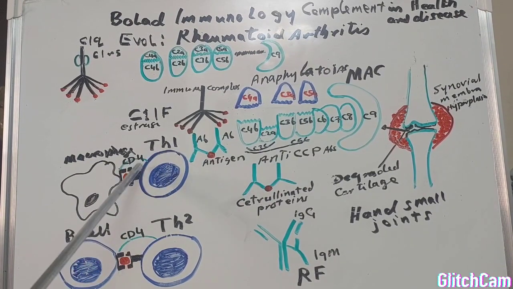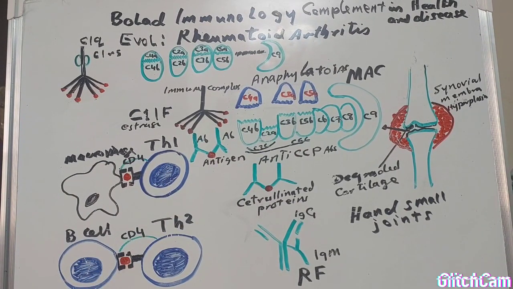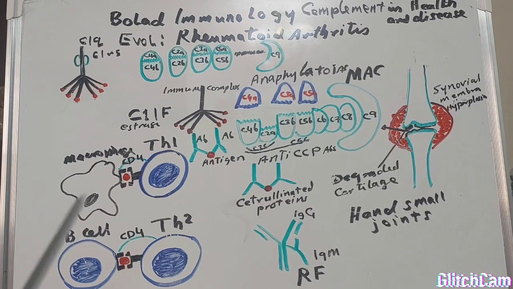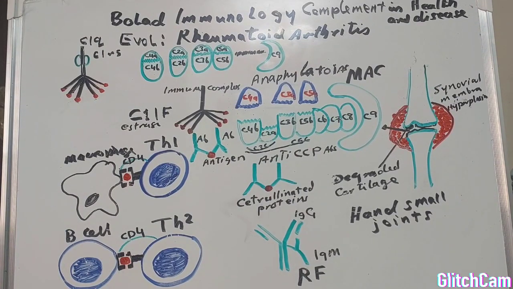When T helper 1 gets activated, they produce some cytokines, for example, interleukin 2 and interferon gamma. Interferon gamma recruits more macrophages, and the recruited macrophages produce other cytokines, for example, tumor necrosis factor alpha and interleukin 1.